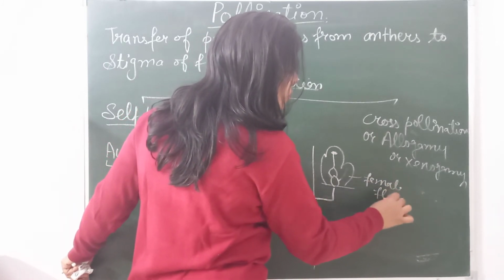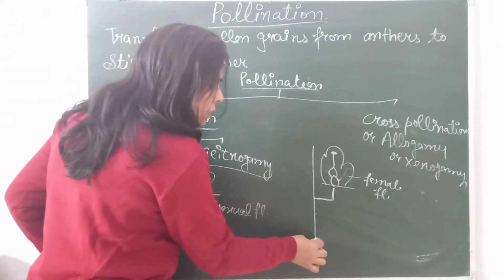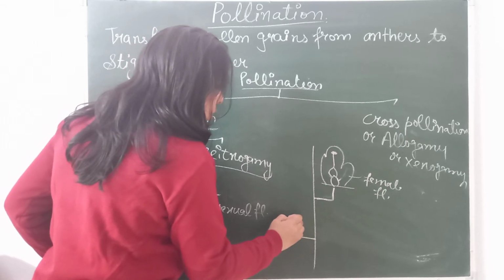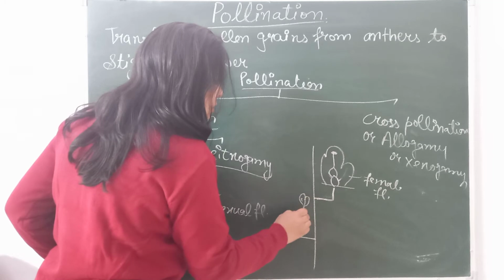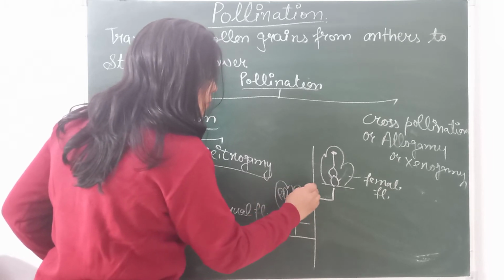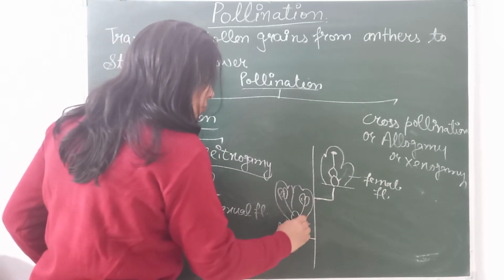Female flower matlab flower is unisexual, okay, and in this plant only the male part is present, anthers and stem, that is stamen. This is the male plant.